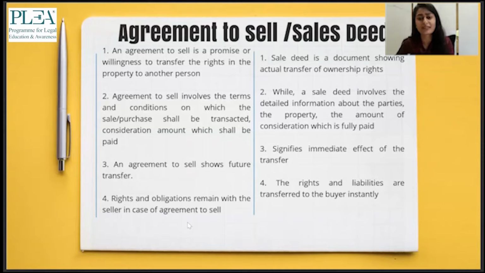So here basically it says that the entire consideration amount is paid, and after the full and final settlement of the amount, the transfer is getting placed immediately, as in the entire right, title, interest of the seller is now getting transferred on actual basis on today's date to the buyer. So here the sales deed is the actual transfer of ownership which is happening in the present day. An agreement to sell is a futuristic transaction.